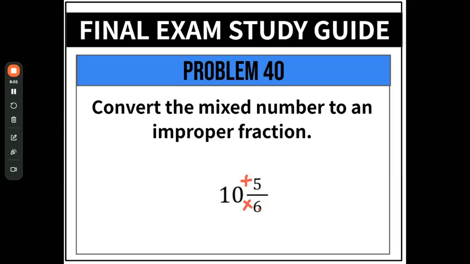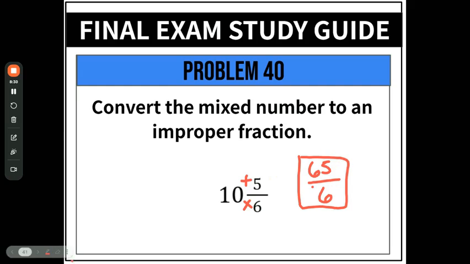So 6 times 10 gives you 60. Plus 5 gives me 65. And then all that goes on the bottom is the denominator that you have in the mixed number. So 65 over 6. Again, multiply here, add here. That will give you the numerator.